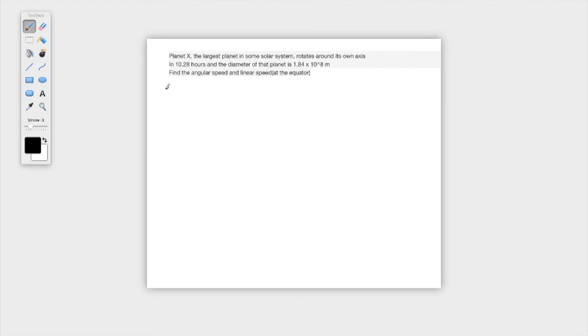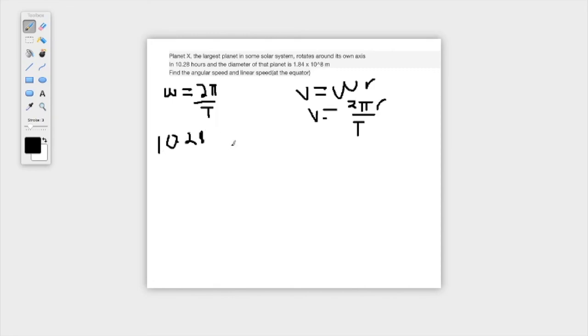So if we recall from that little review, angular speed is 2 pi over the period. And because velocity equals angular speed times r, velocity is 2 pi r over T. Also, since it's in hours, we have to convert to seconds.